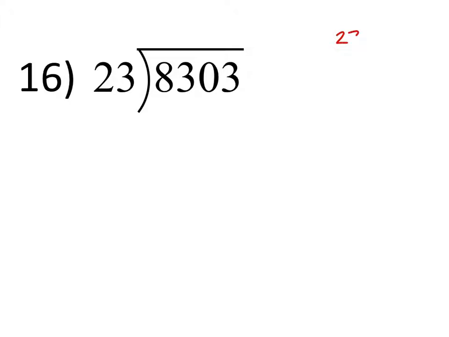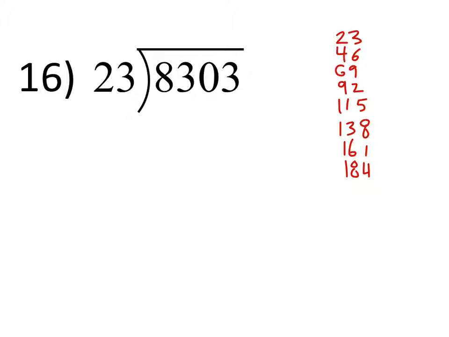So I'd get 23, 46, 69, 92, 115, 138, 161, and let's see if we can get away with the next one. So 4, 184. Let's see if this will do it.